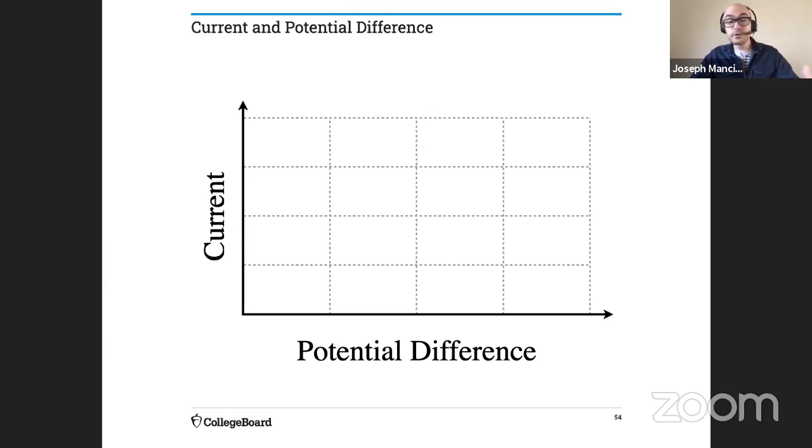What you, I'm sure, found out at some point in your AP Physics experience is that adding more batteries in series or cranking up the dial on a variable voltage source causes more resistance. Sorry, causes more current. The more current you want, the more voltage you need. The more you dial up the voltage, the more current you get.